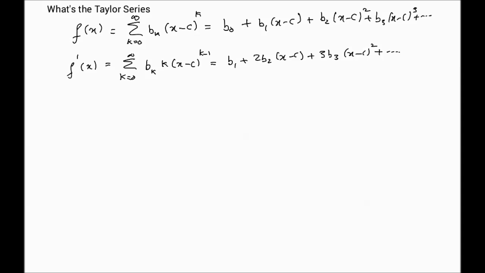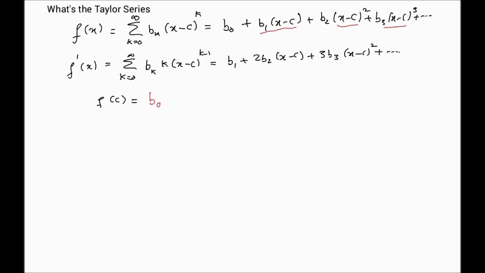Now, f of c would mean that all the terms, which are all powers of x minus c, would in fact go to 0. So the only non-zero term remaining would be b0, right?